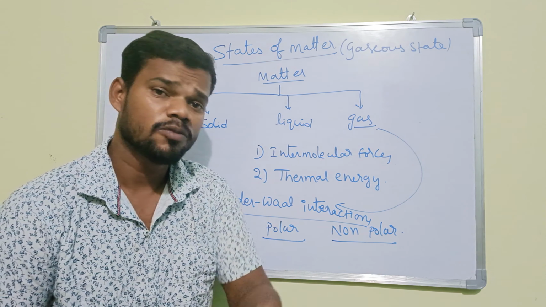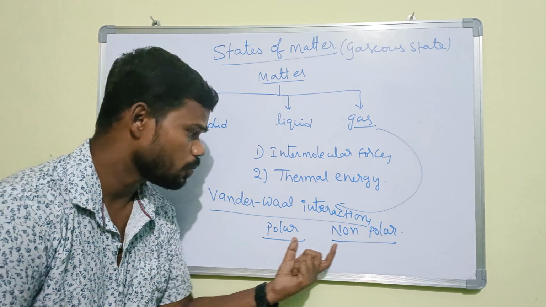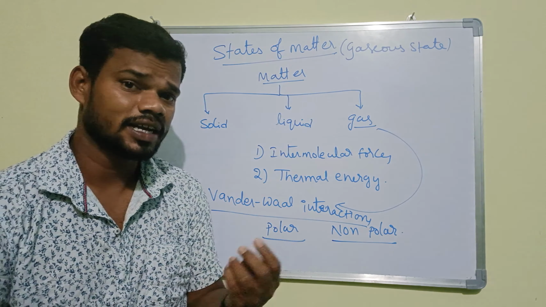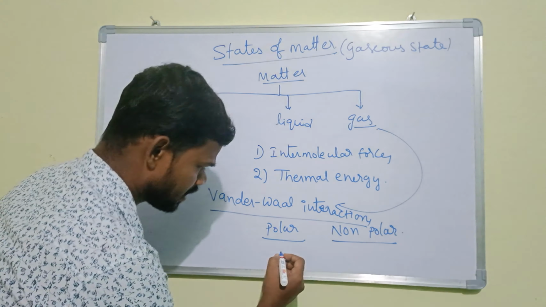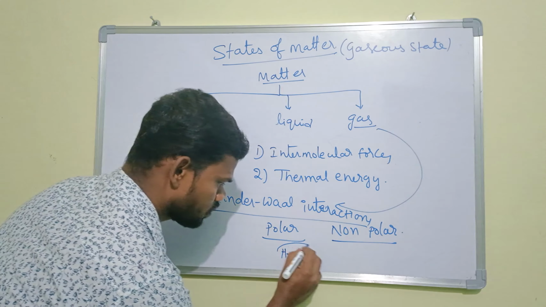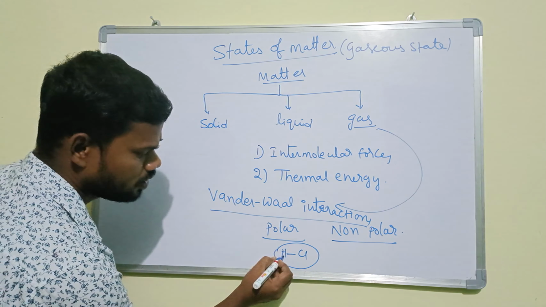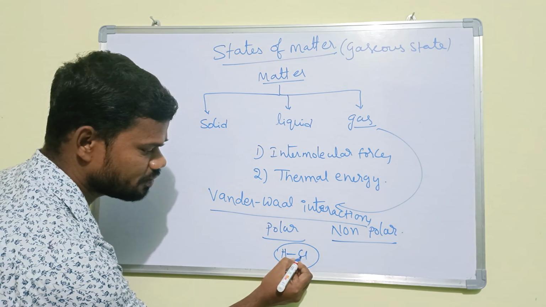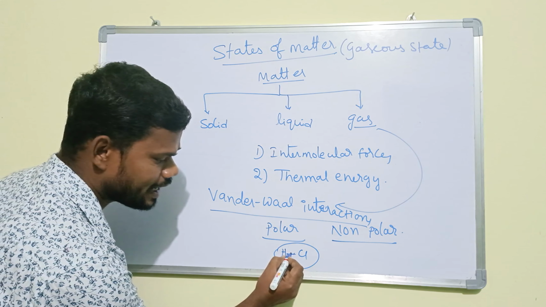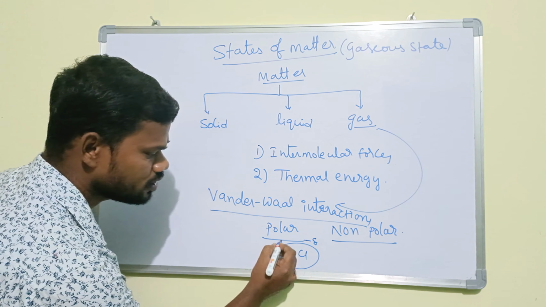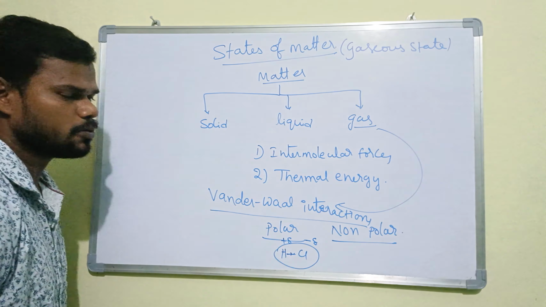One more way to differentiate polar and non-polar molecules is by example. Let us take an HCl molecule. Between hydrogen and chlorine, chlorine is the more electronegative element, so the electrons are attracted towards chlorine, which gets a partial negative charge, and hydrogen gets a partial positive charge.